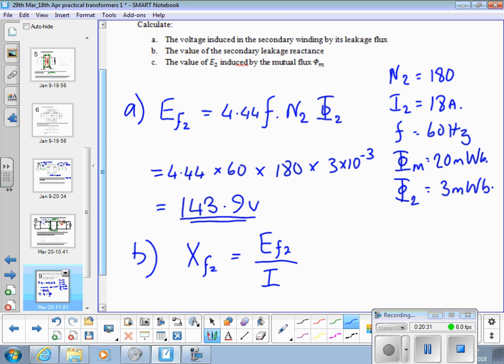We've got this inductor that's got E_f2 across it and a current I2 going through it. So that must give us reactance.